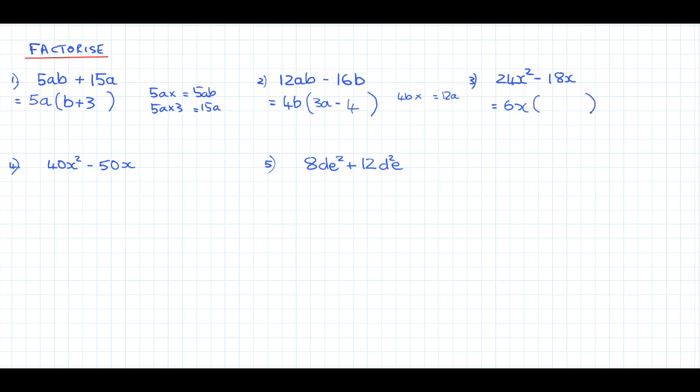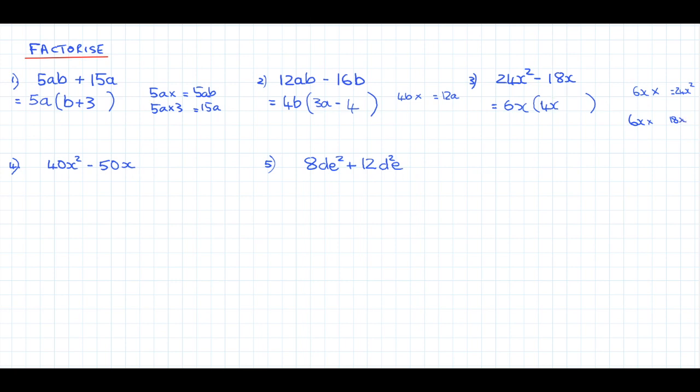And then we would have to decide what goes inside there. Now if we're thinking of factor pairs, 6x times what number would give us 24x squared? So that would be 4x. So 4x would give us 24x squared. And 6x times what would give us 18x?